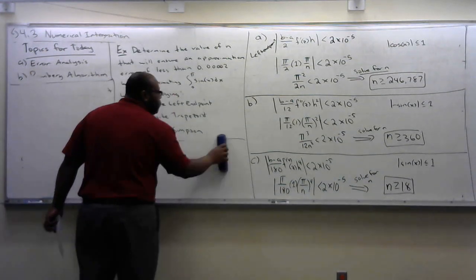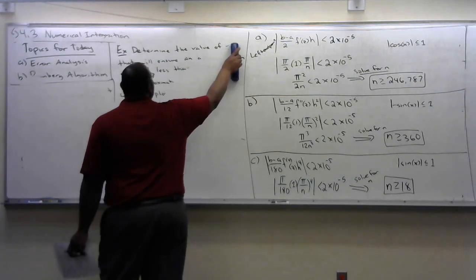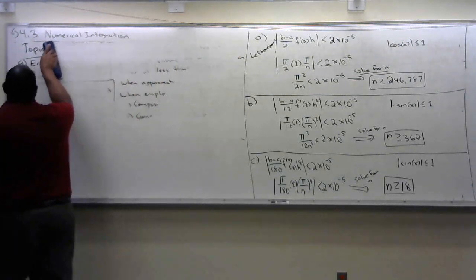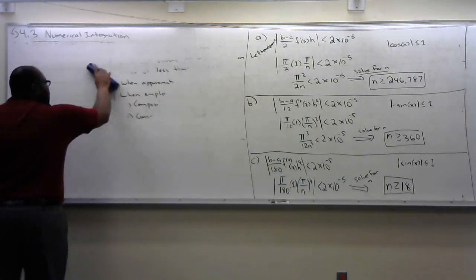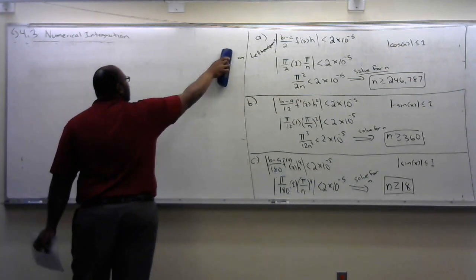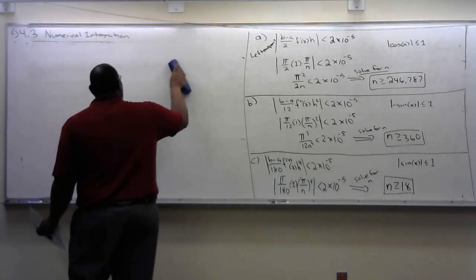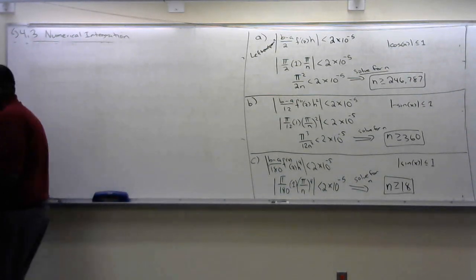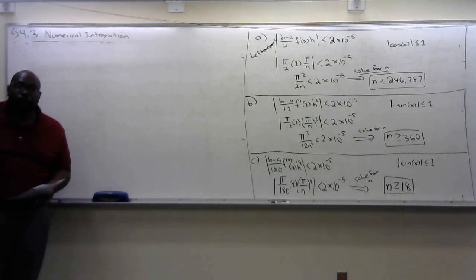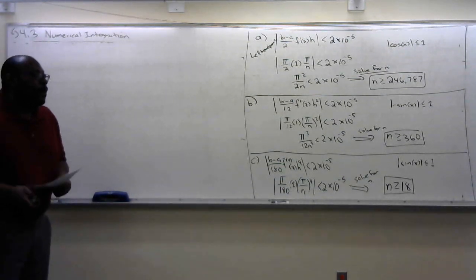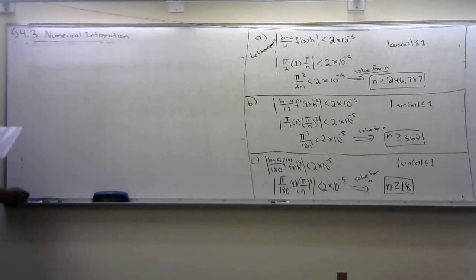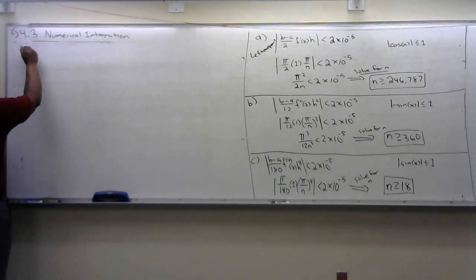I know that the book goes into quite a bit of detail about it, and it does it a little bit differently from what I do, but you get the same thing. So if you want to do the book's way of doing it, that's perfectly fine. However, I like the way I have it because it ties it back together with something we've already talked about. So here we go. Let's talk about Romberg's algorithm.